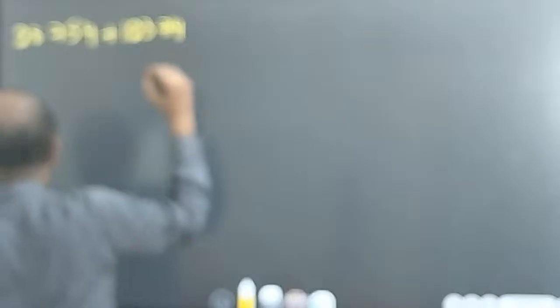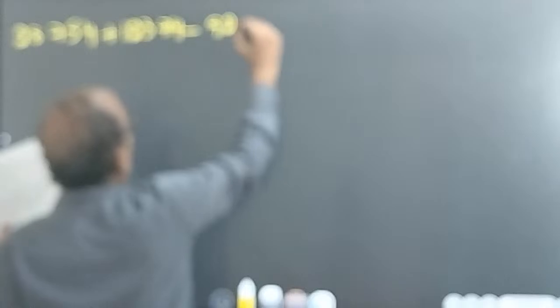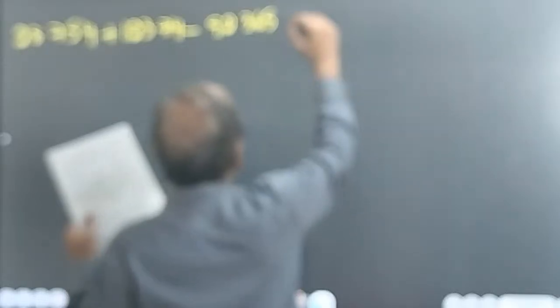Question is, find the value of x. 28.754 plus 123.74 minus 92.365 is equal to x minus 368.1246.